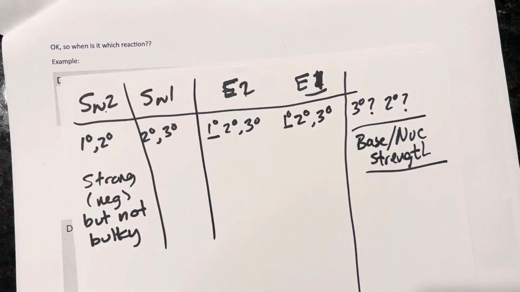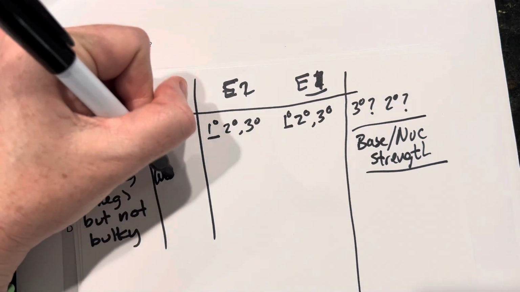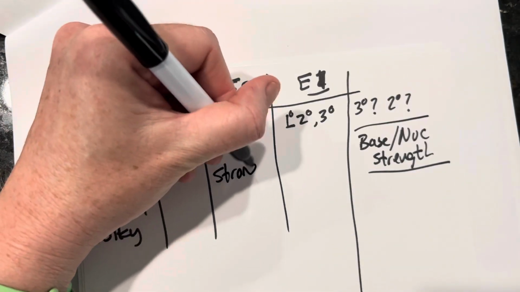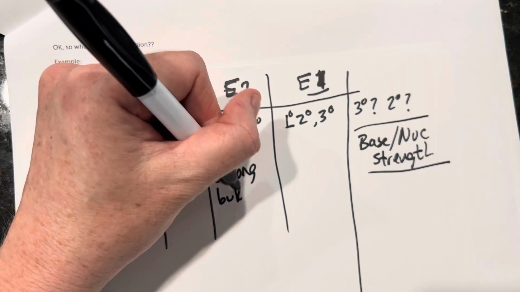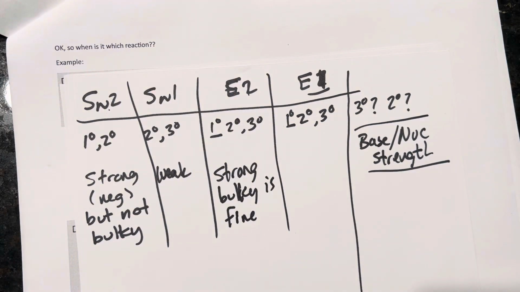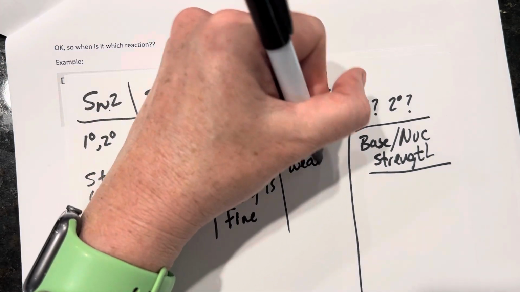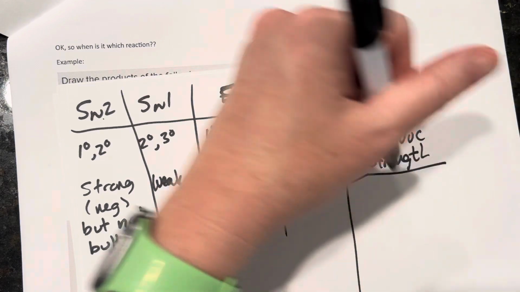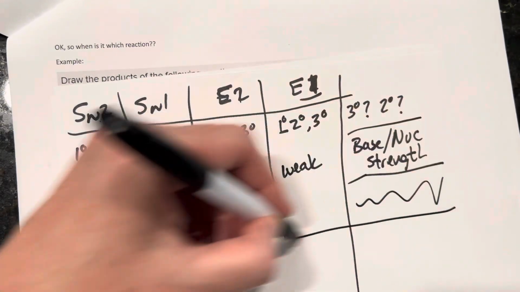For our SN1, it prefers weak. For our E2, strong and bulky is cool. And for our E1, weak. Okay, last but not least, I don't know what I'm doing, it's a pretty poor table here.